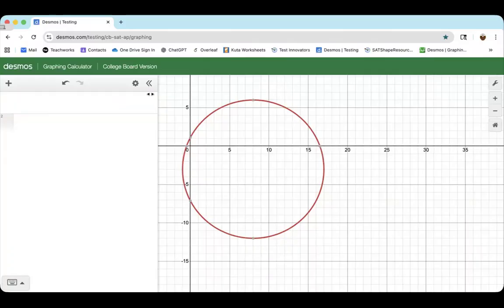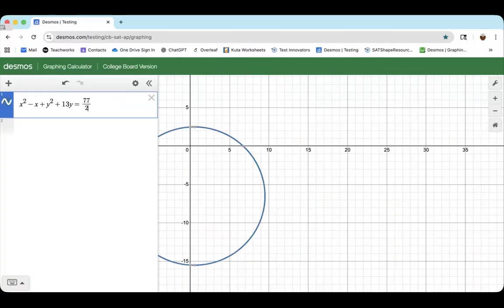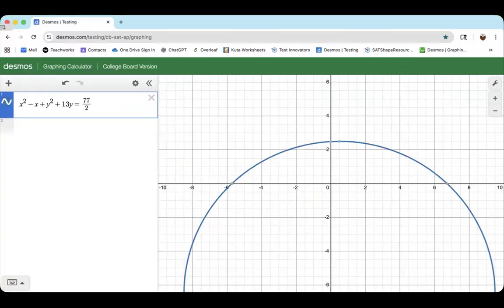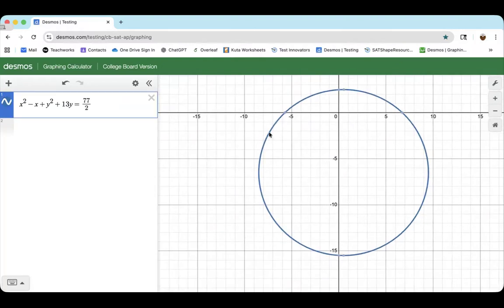All right, so that was the last one. So now again, I'm going to type in as is. So that's the benefit of Desmos. I don't have to do any rearranging or anything. All right, so we've got this circle. Zoom out a little bit. So again, when you click anywhere on the circle, it's going to highlight the highest point and lowest point.